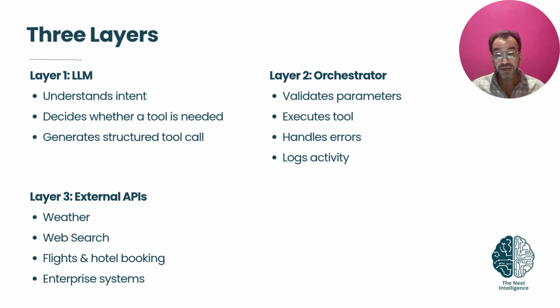Then we have the third layer, which is the external APIs, whether weather APIs, web search, hotel search, enterprise systems, and so on and so forth, which are the connection between the orchestrator or the agent and the outside world in general. This layered structure prevents chaos, because if we mix them, we will lose observability, we will lose security, and we lose determinism.